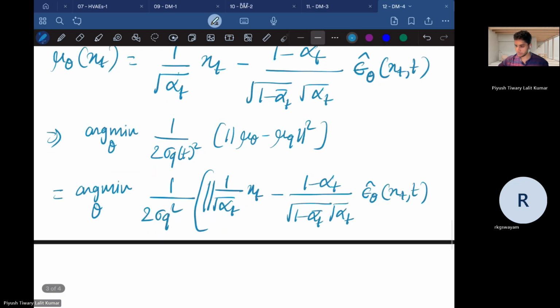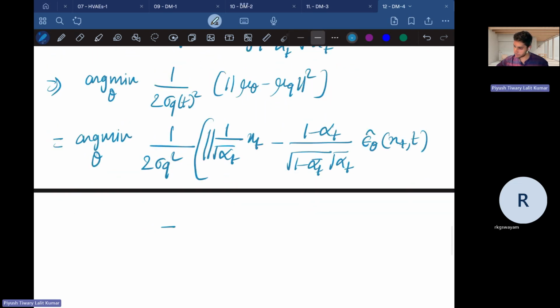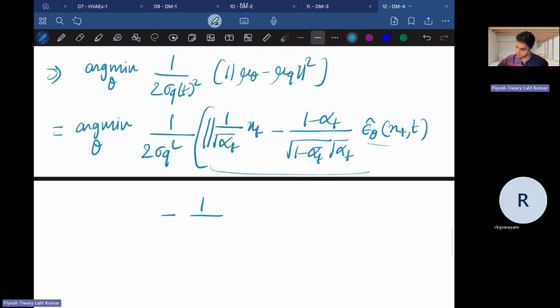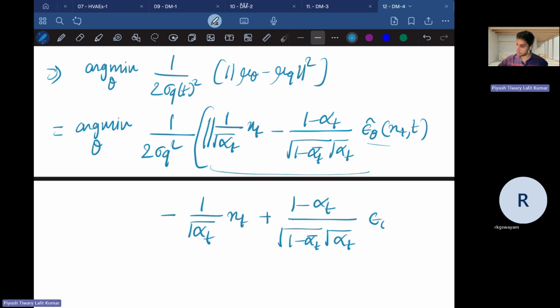Okay, this is your mu theta minus mu q. What is mu q? It is the same thing except we have epsilon naught here, right? So I'll just write it down. 1 by square root of alpha t xt plus 1 minus alpha t divided by square root of 1 minus alpha t bar, square root of alpha t, epsilon naught, right? This thing whole square, this is what it is.